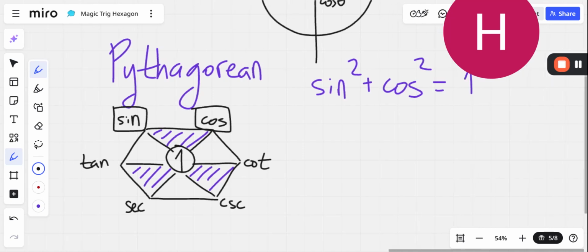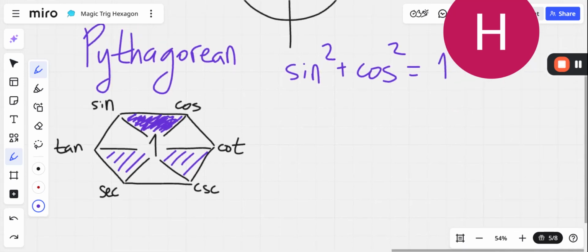You see that? We have these triangles that I've shaded in, and the triangles obviously have 3 angles, 3 vertices. Well, the top left is sine, the top right is cosine, and the bottom is 1. So if you just think left squared plus right squared equals bottom squared, you have yourself an identity.